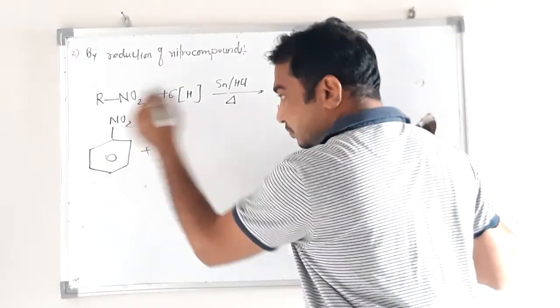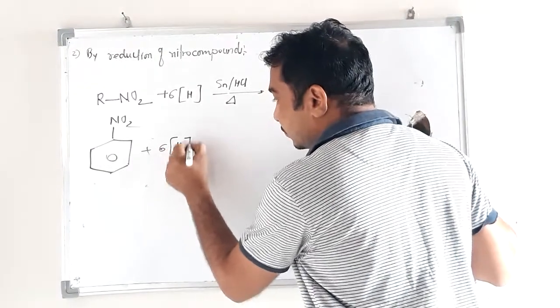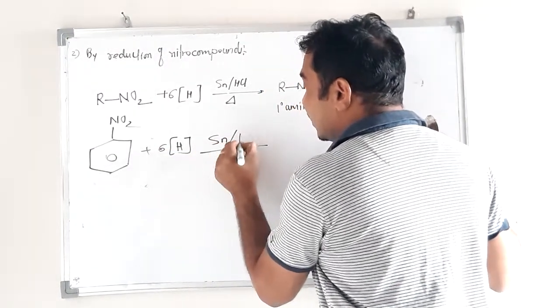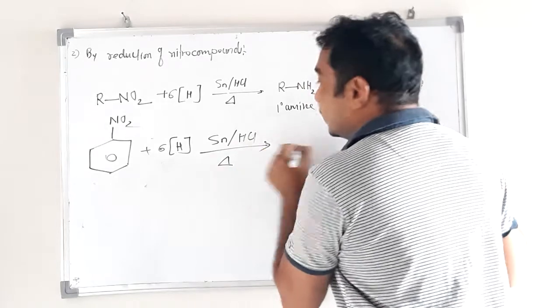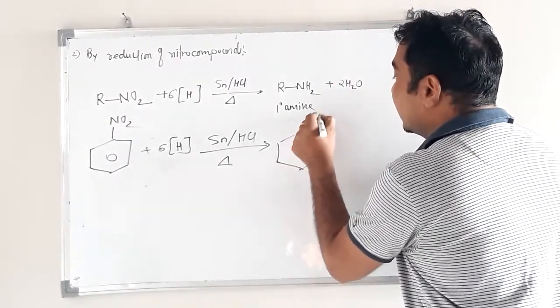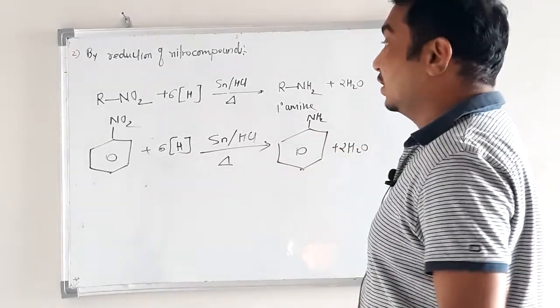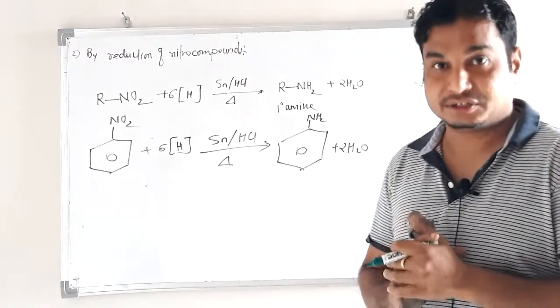Similarly, if we take aromatic nitro compound, same reaction, Sn/HCl, Fe, then it gets converted to aniline, NH2 plus twice H2O. This is the reduction method. Okay.